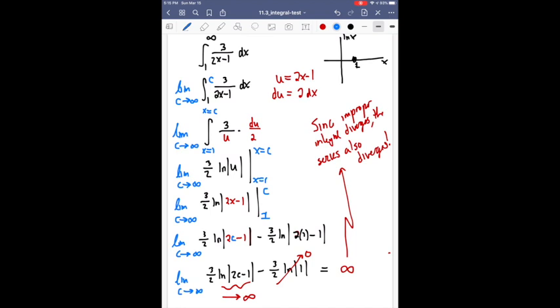But as x grows beyond 1, the ln of x is also going to grow towards infinity, just very slowly. But as x goes from 1 towards 0, this is also going to negative infinity between 1 and 0.